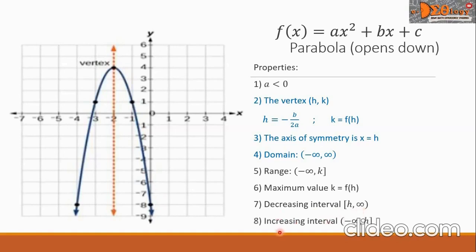For number 8, the increasing interval is the left side of the parabola. It is going up. So our interval notation for the increasing interval is negative infinity, comma, h, and we use the square bracket.